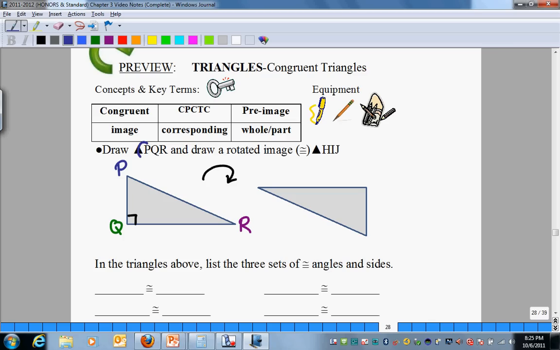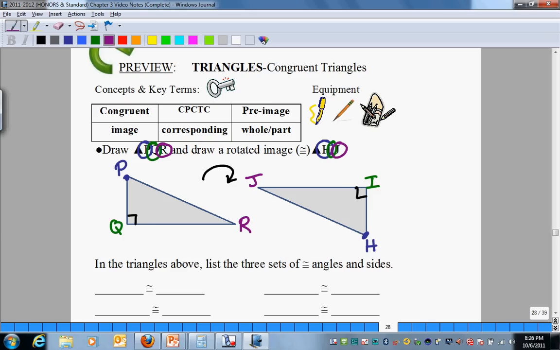Be very careful, P must align with H. So when it's rotated, H will be down here. I must align with Q. J must align with R.